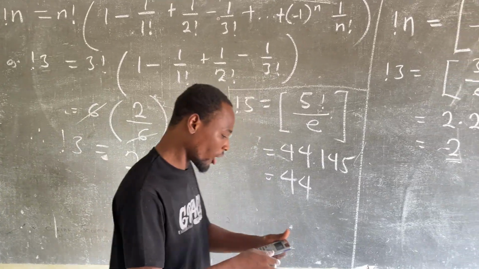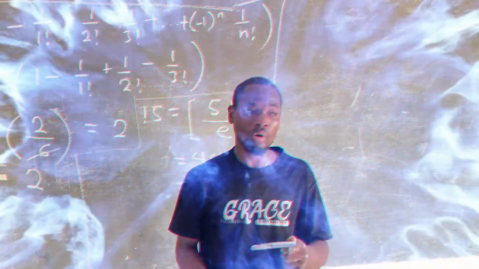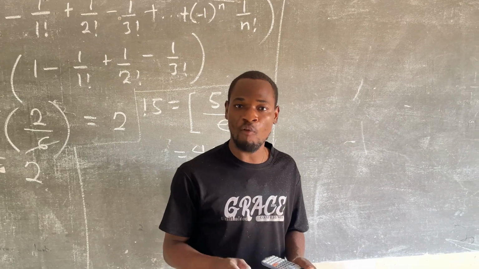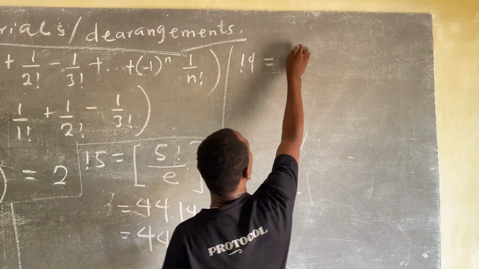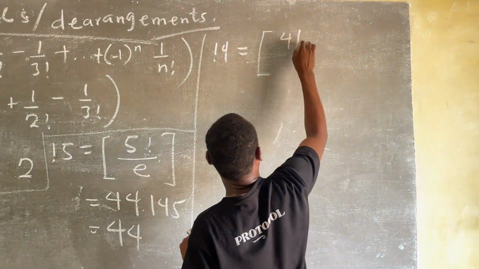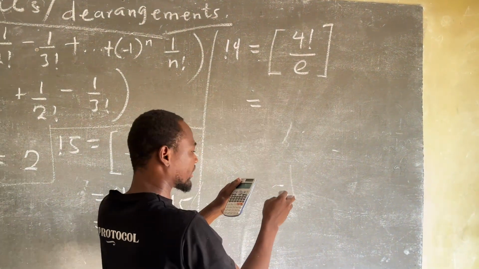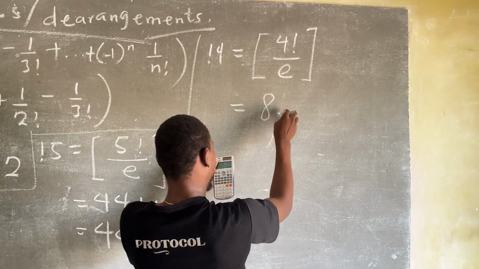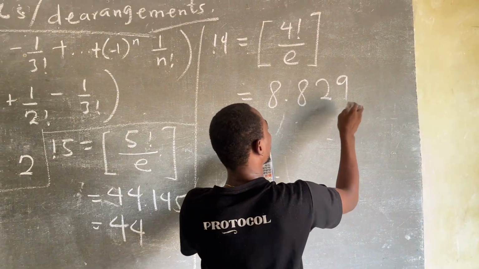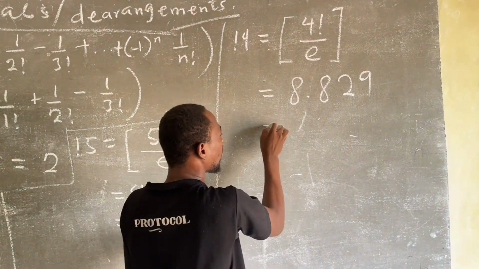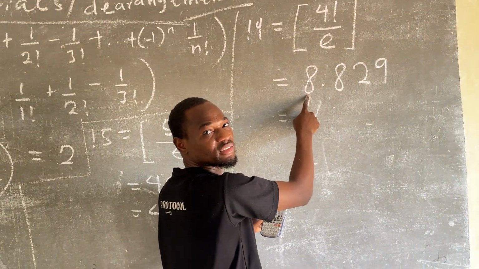Okay, the last example. Let's try subfactorial of 4. Subfactorial of 4 is given by 4 factorial all over e. With the help of the calculator, I'm getting 8.8229. Viewers, this is the whole number part, in other words the integer.